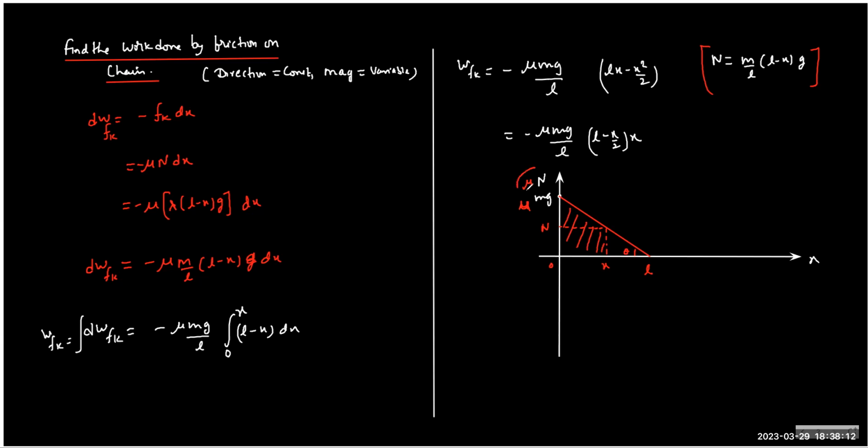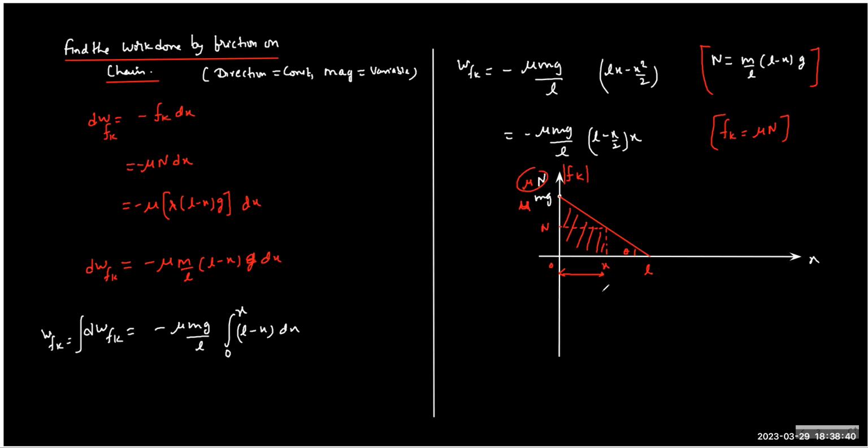So what I'm doing is writing the graph of Fk, just magnitude wise, versus x. So in the graph of friction, only mu will multiply, right? Because we know Fk is mu into N. So if you know the graph of N, you can also know the graph of Fk. And you can find the area from here to here, up to x.